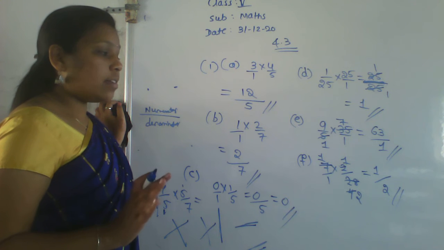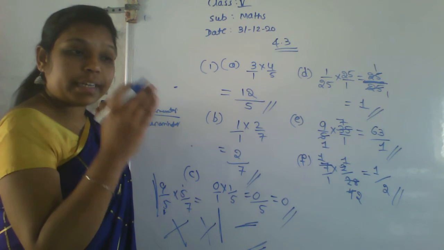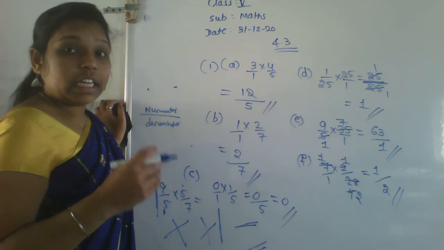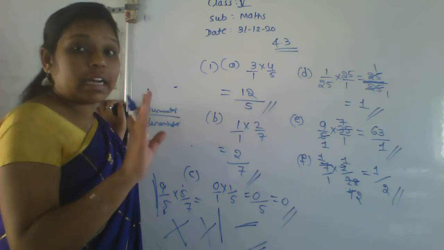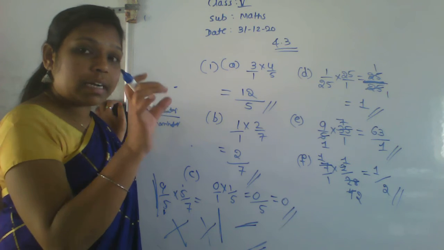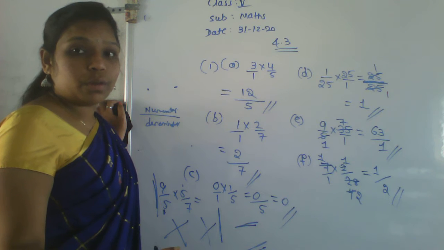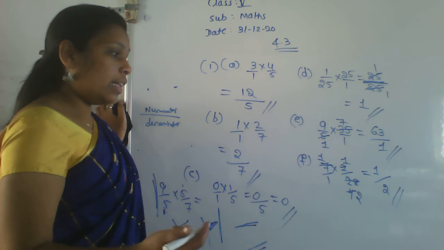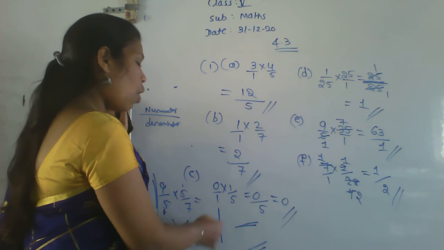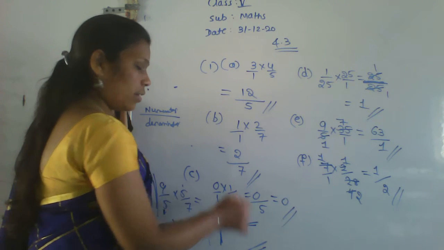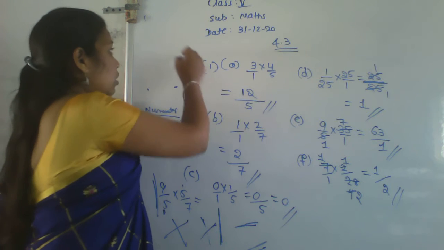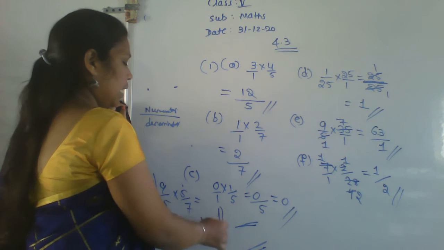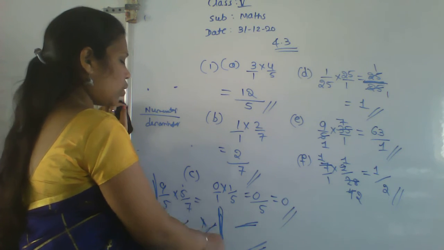We only have to cancel the values between numerator and denominator. If both are in the numerator, we can't cancel. We just multiply and write that value. We only cancel for the numerator and denominator, that is vertically or cross.